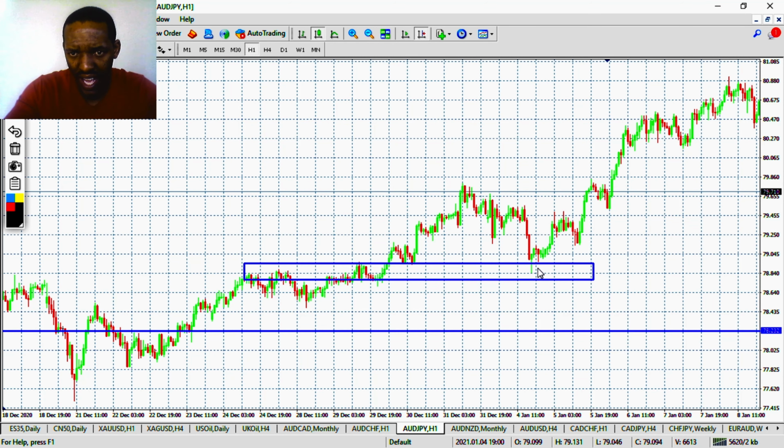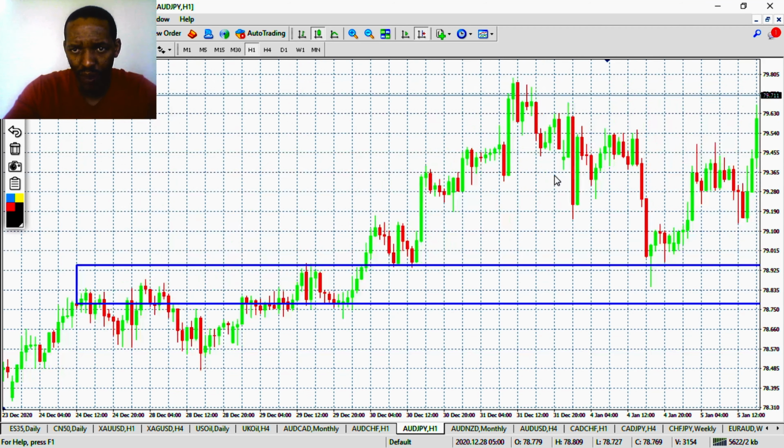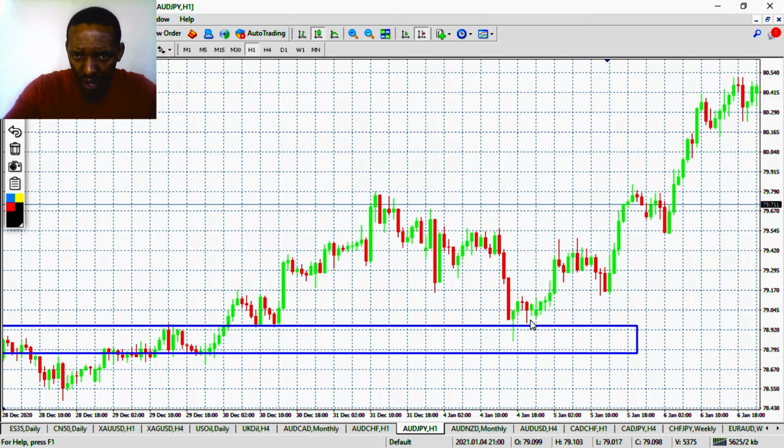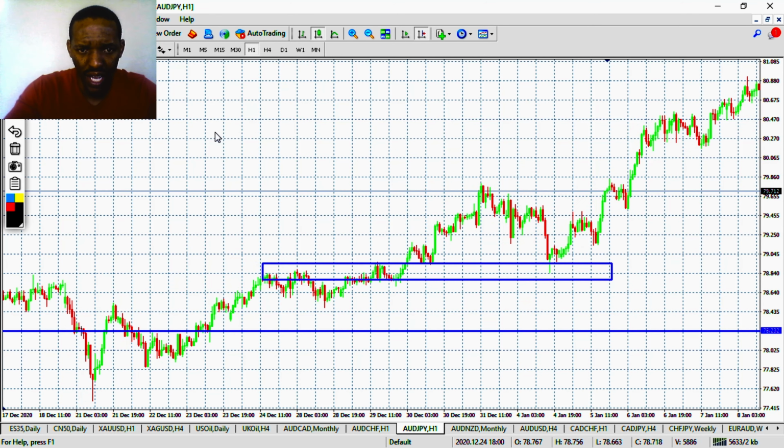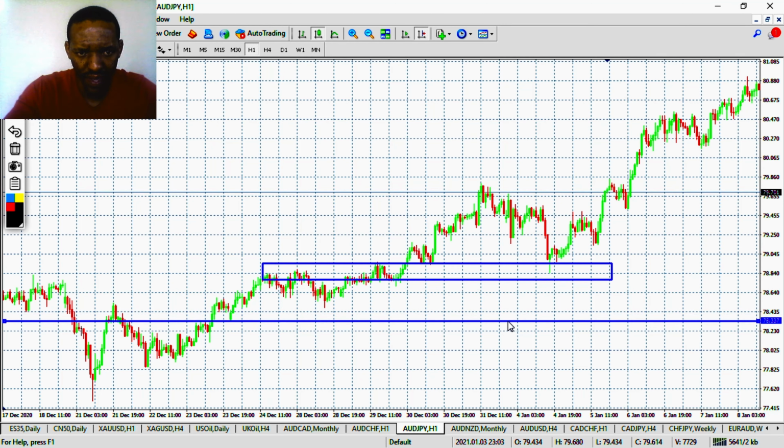This is our previous high, guys, and the price came back and gave us a hammer. Good entry. You would enter the markets right there with your stop loss around these areas right there.